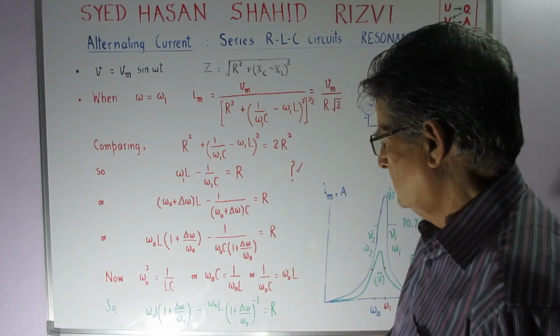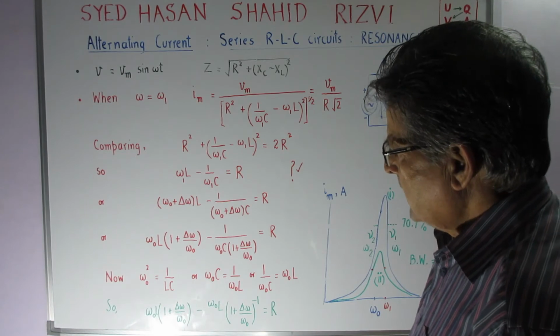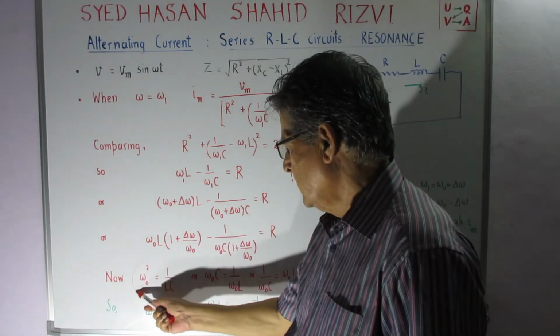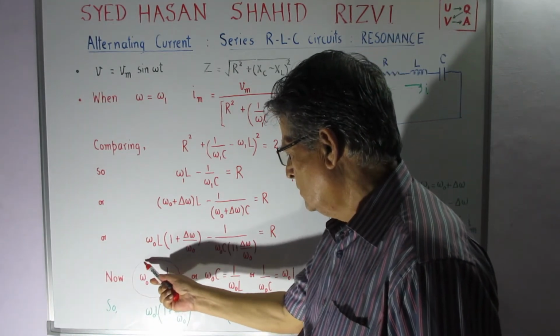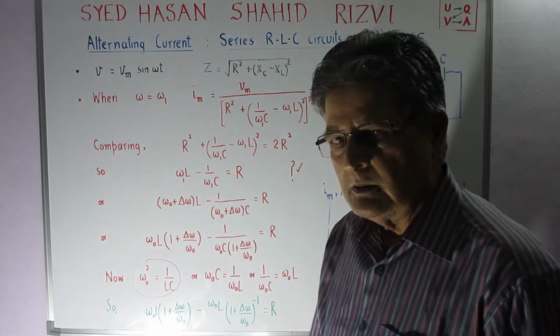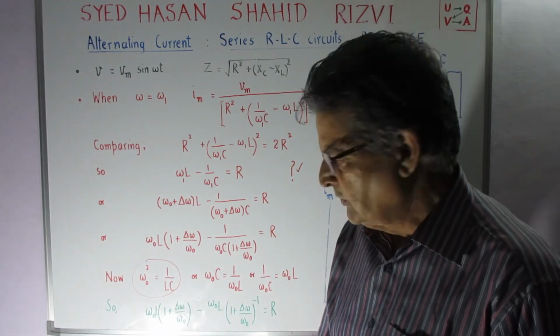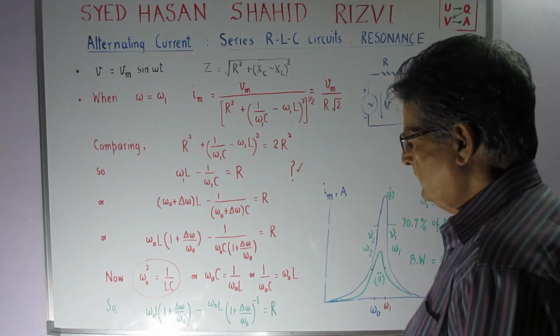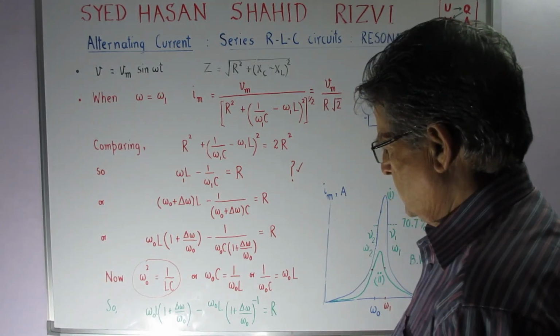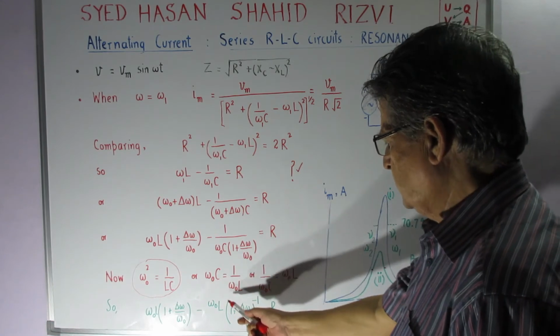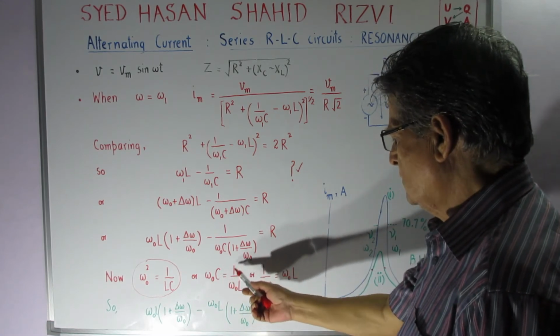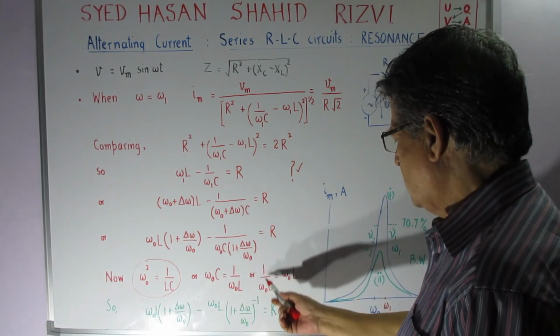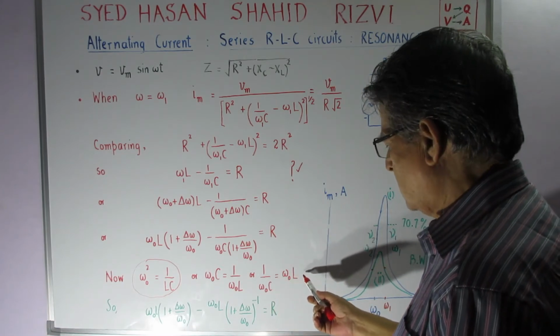This is equal to R. Now we have omega naught square is equal to 1 upon LC, with the condition of resonance and of the resonance frequency. So from here we see that omega naught C is equal to 1 upon omega naught L, or 1 upon omega naught C is equal to omega naught L.